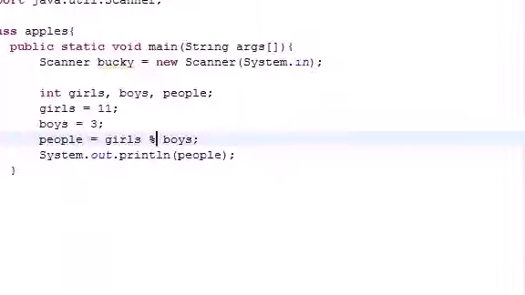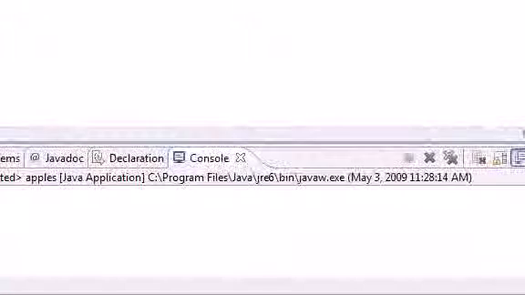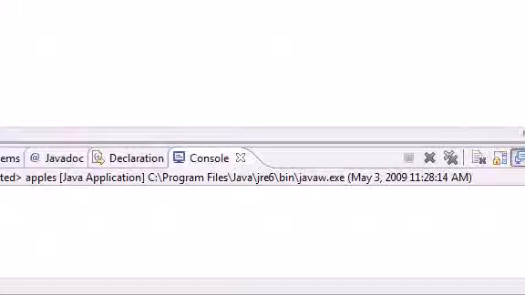The modulus pretty much means, alright, when you divide by a number, you get a whole number, aka an int, but you also have some left over. So let's run this and see what we get. It says 2. The modulus, if you remember from math class, is another way of finding the remainder.